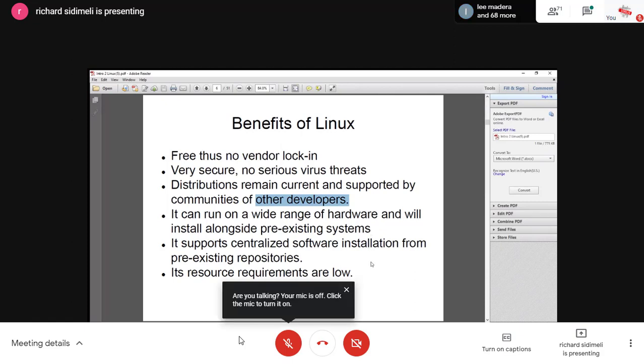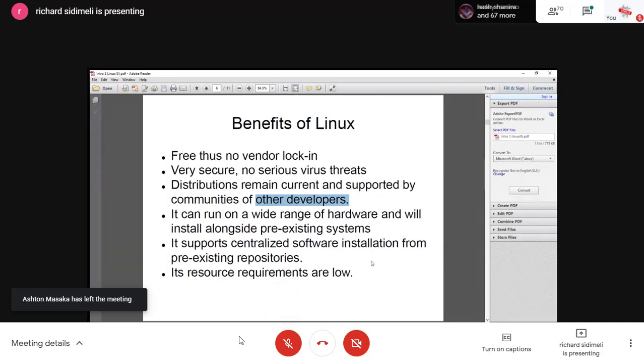The fifth one, it supports central software installation from pre-existing repositories. We can centralize installation of Linux or the running of software, and then we run them in the server, and the other systems can easily just tap on and go ahead and use the resource.